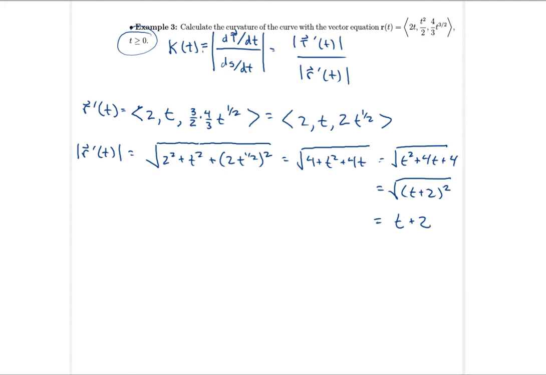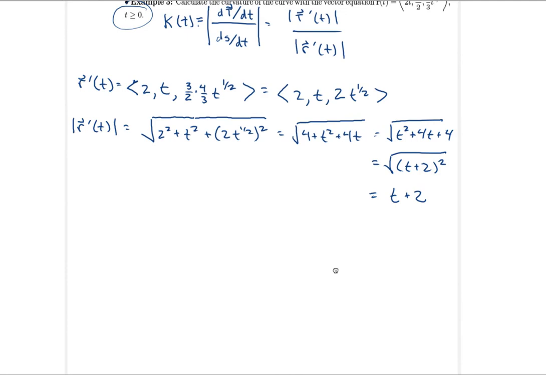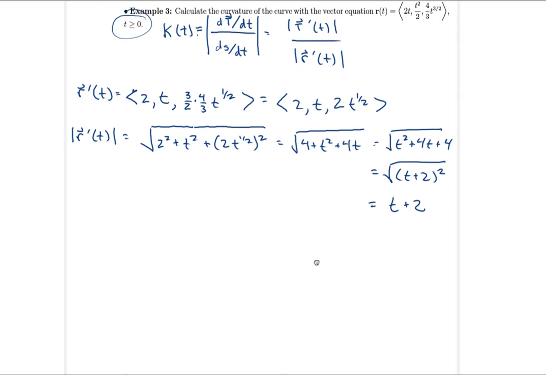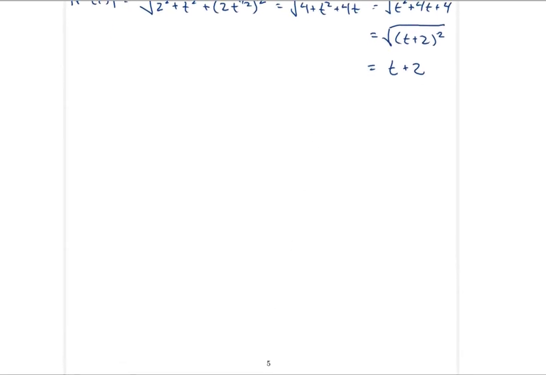Okay, so now let's talk about the derivative of the unit tangent. So first of all, remember the unit tangent itself is r prime of t divided by its magnitude. I need to figure out the derivative of this. So first of all, let's get this written out.